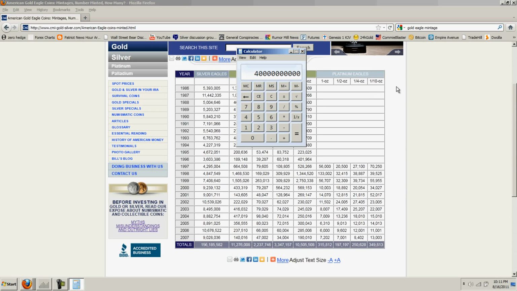So if we're looking at the Eagle series here for purposes of confiscation, we'll say that if they confiscated all the Gold Eagles right now, they'd get about 40 billion bucks. If they confiscated all the Silver Eagles, they'd get about 12 billion bucks. So not really a lot of money.